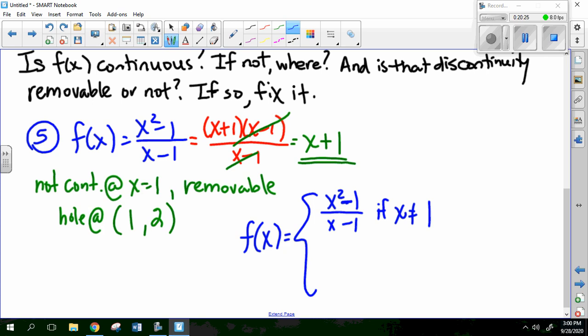But when I create my second piece, when x does equal 1, I want to make sure I get the y value that would line up with the rest of the graph. Well, that's where the hole is. So I want to use literally the y value where I know the hole is.